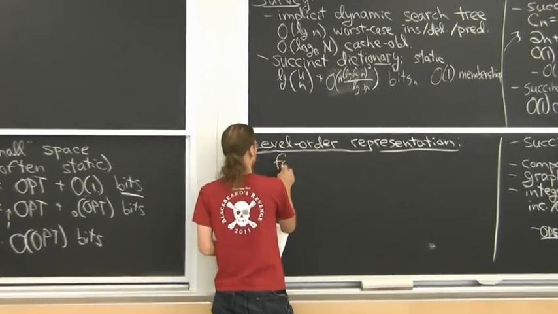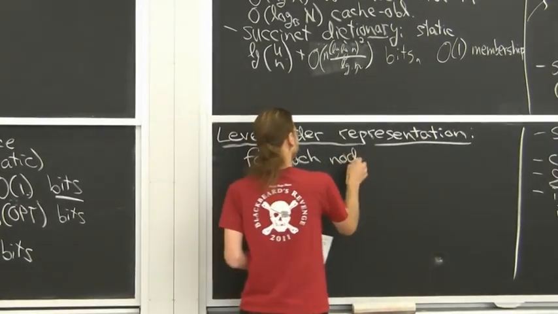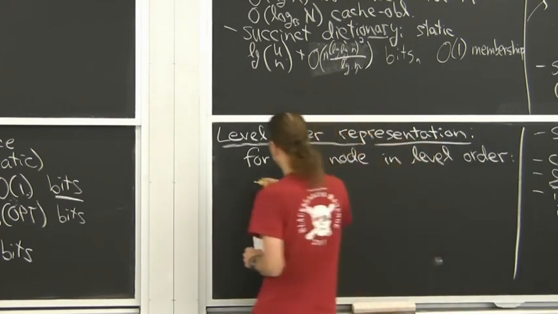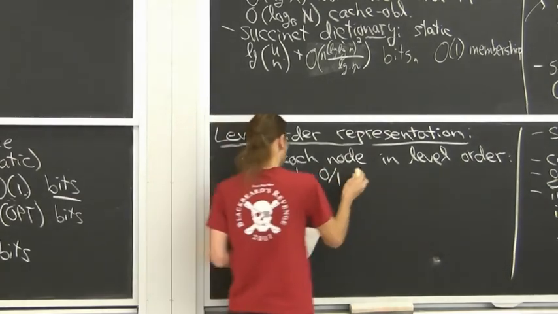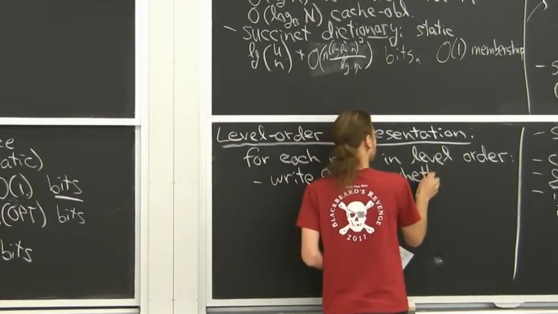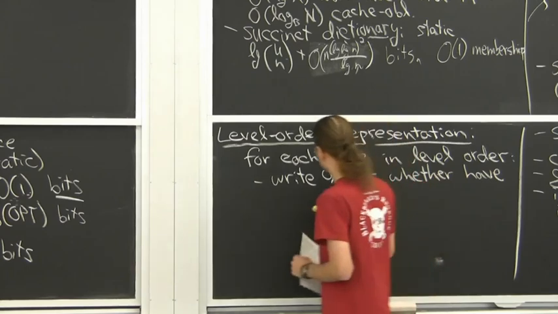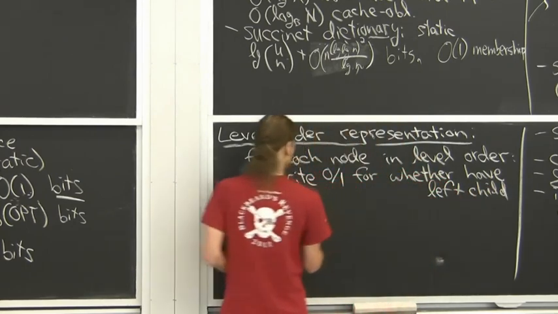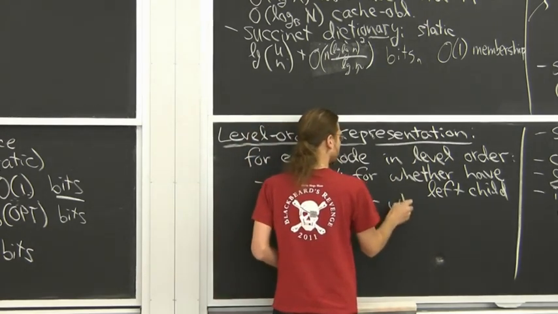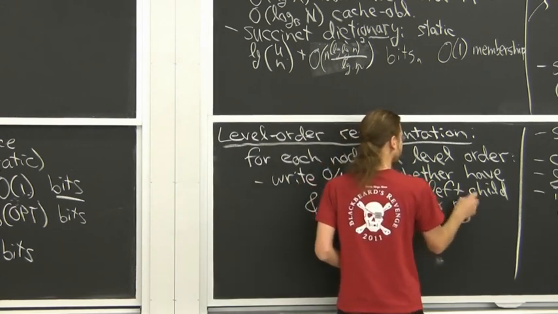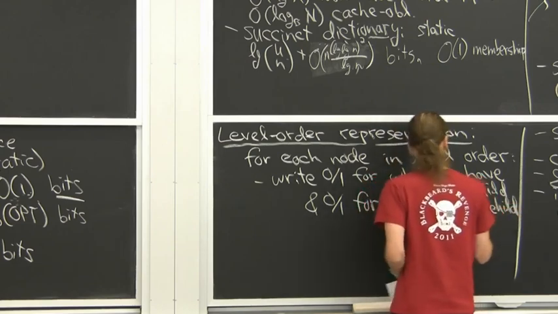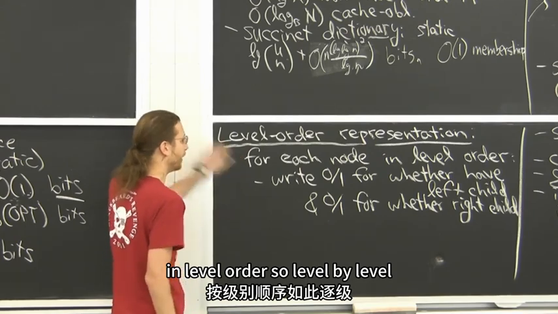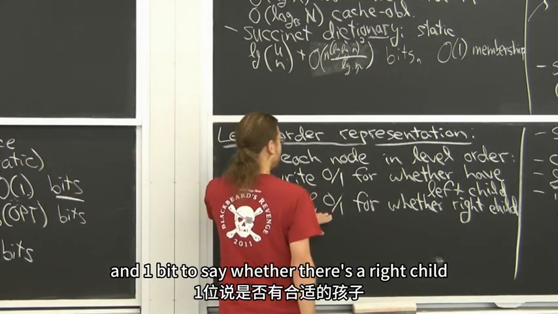This is very easy. I'm going to just loop over the nodes in my trie in level order, so level by level, and write one bit to say whether there's a left child and one bit to say whether there's a right child.